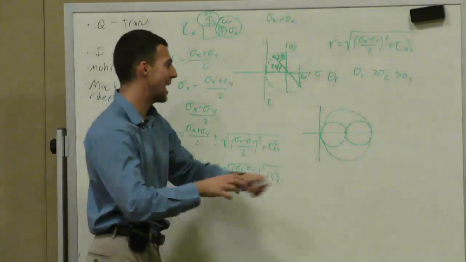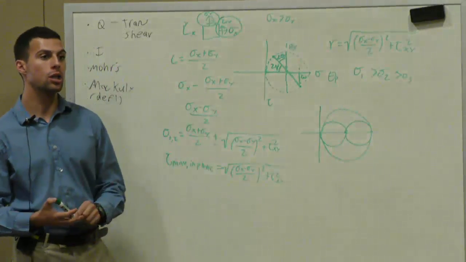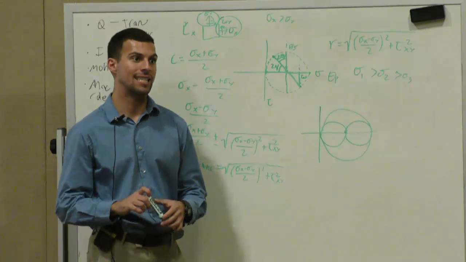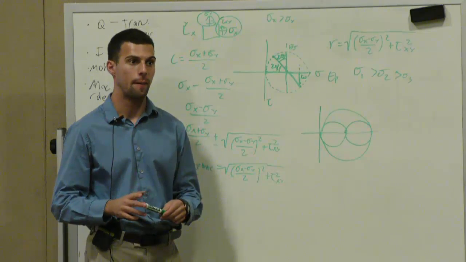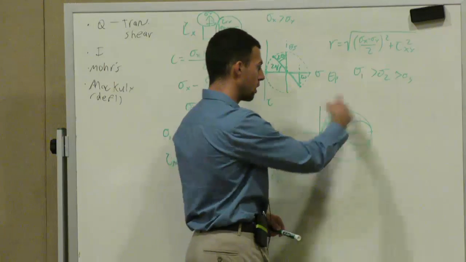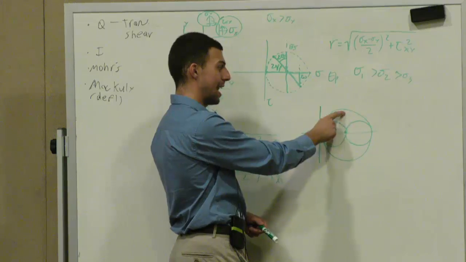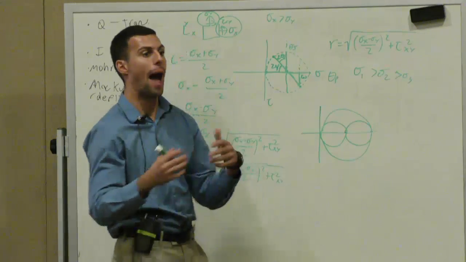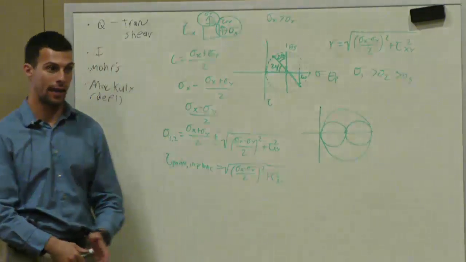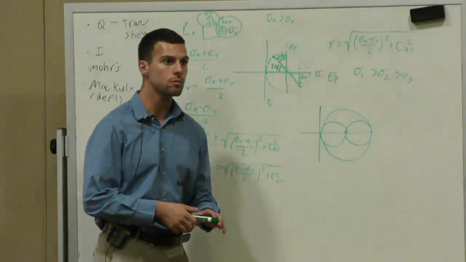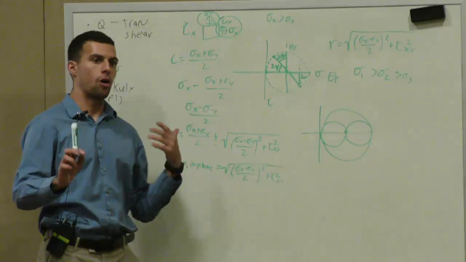Now, in this case, the absolute maximum shear stress, is it within the plane or out of plane? Out of plane. It's on one of these out-of-plane circles. This was our original in-plane circle. This is an out-of-plane circle. So the absolute max is out of plane. That's what we need to look for when we do our 3D Mohr circles.